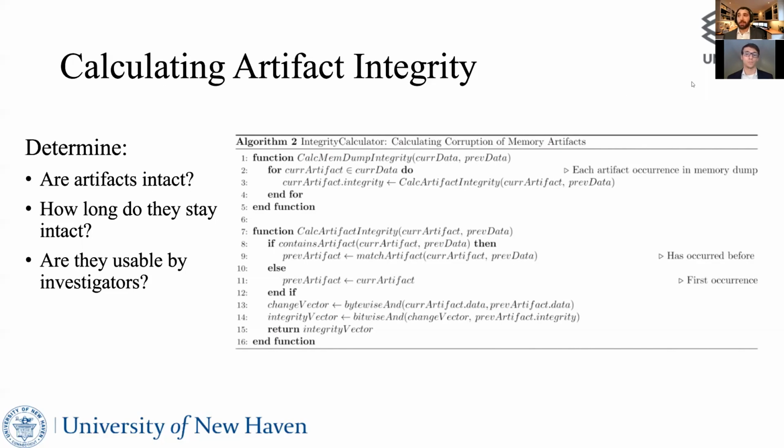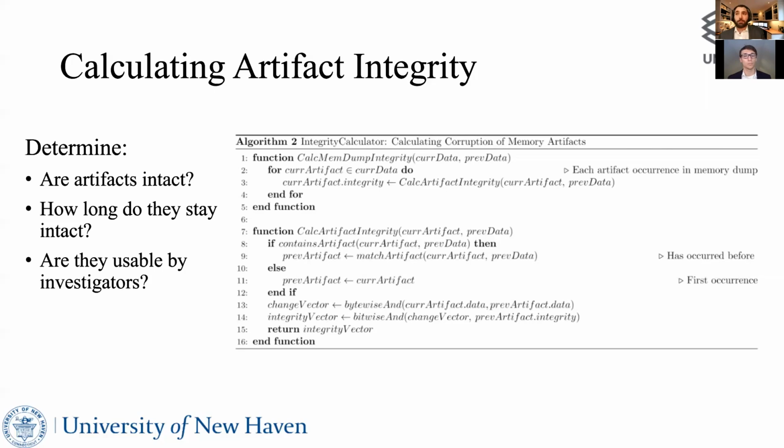What this visualization framework does is calculate whether the artifacts are intact, figure out how long they're staying intact, and figure out if they've been corrupted and whether or not they're usable by investigators. So here's our main algorithm for calculating the degree to which the artifacts are still intact.